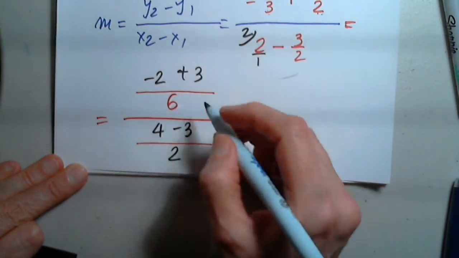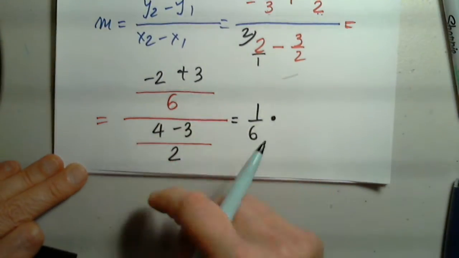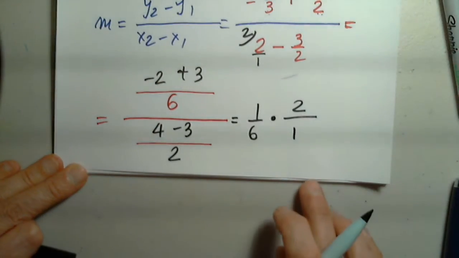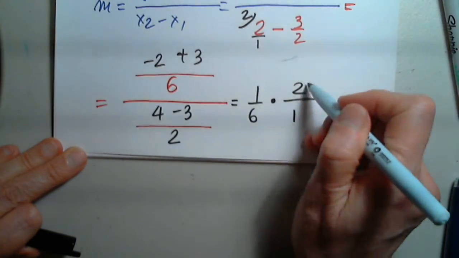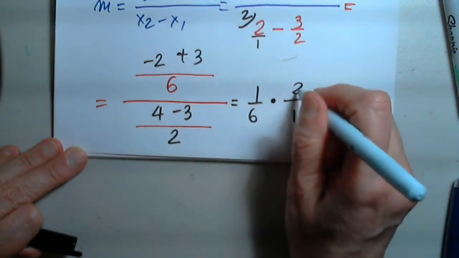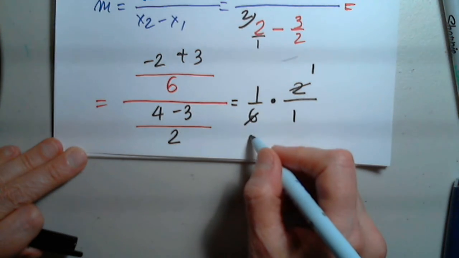So I copy the fraction from the top, and I multiply by the multiplicative inverse of the denominator. 4 minus 3 is 1. I am allowed to simplify. 2 and 6 have a common factor. I divide by 2, and I divide by 2. What do I get?